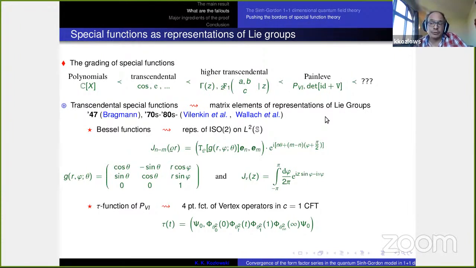But basically, you can put Fredholm determinants of integrable integral operators in this class also, because they enjoy some specific properties. And then you can wonder what is beyond that. Are there special functions which we can still think of as special functions, but which in a certain sense have much more complex properties than Painlevé or Fredholm determinants.